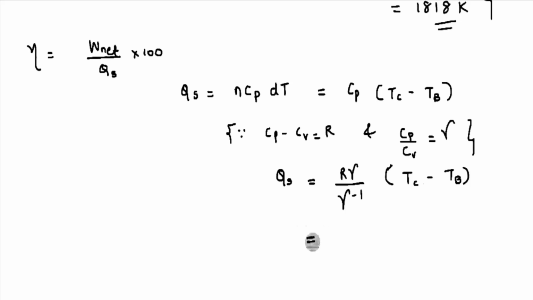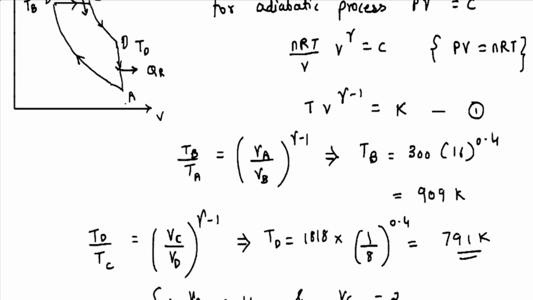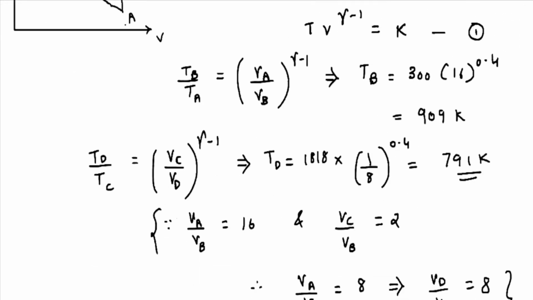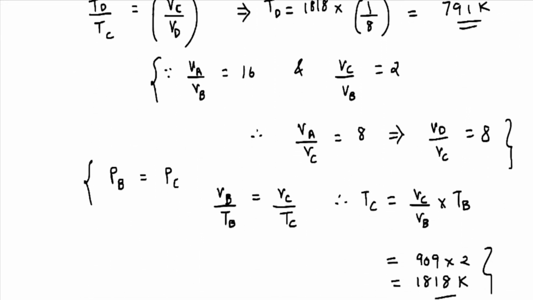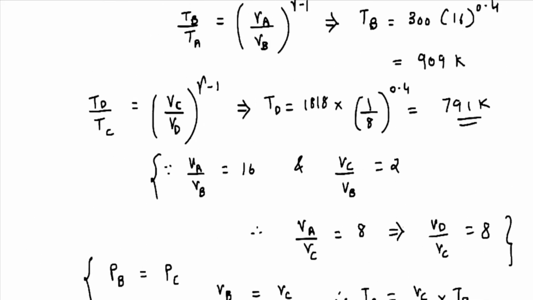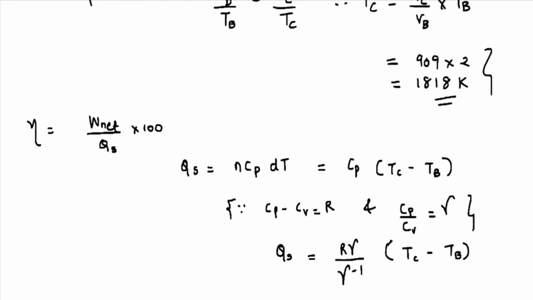So solving this value, 1.4 divided by 0.4 into R, and Tc we have calculated as 1818, and Tb is 909.